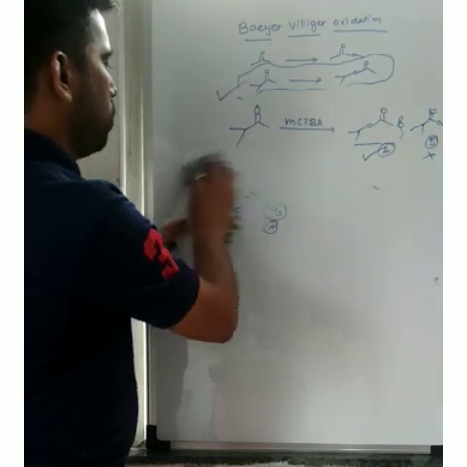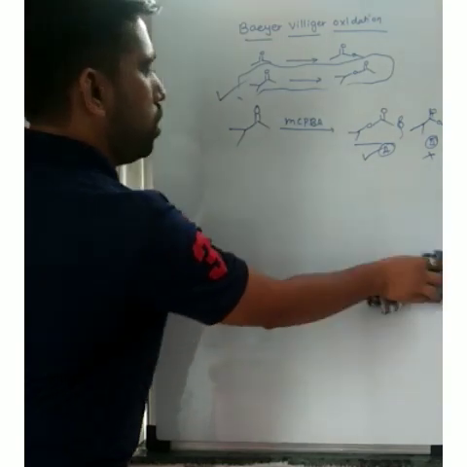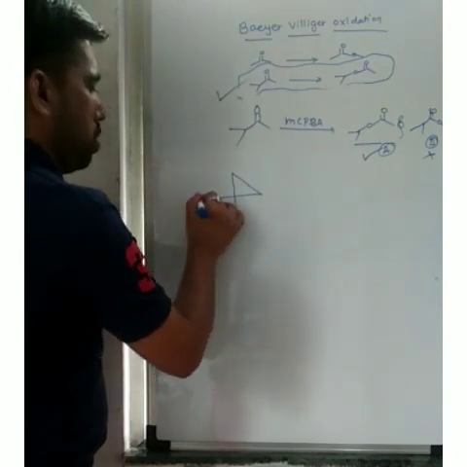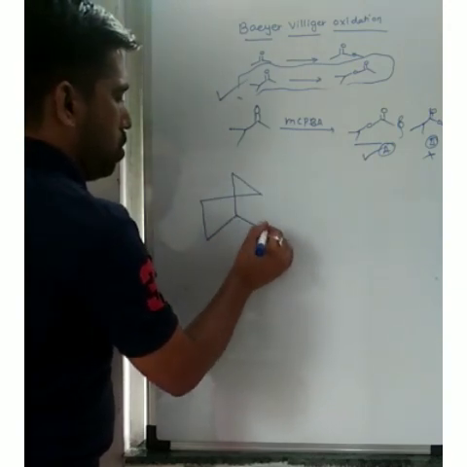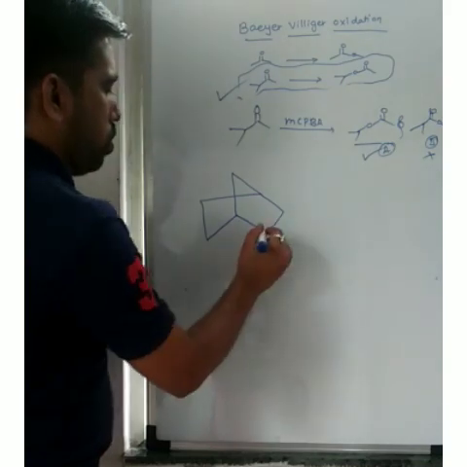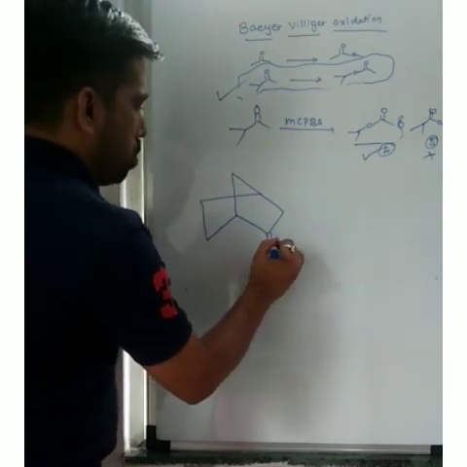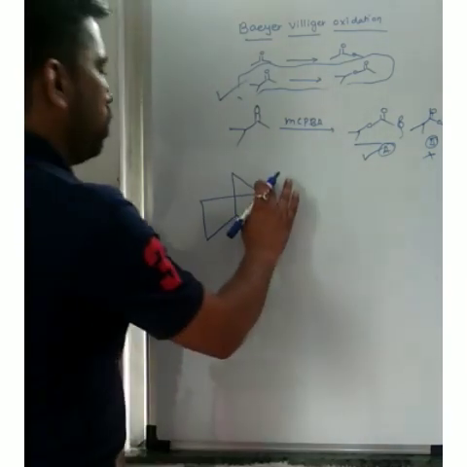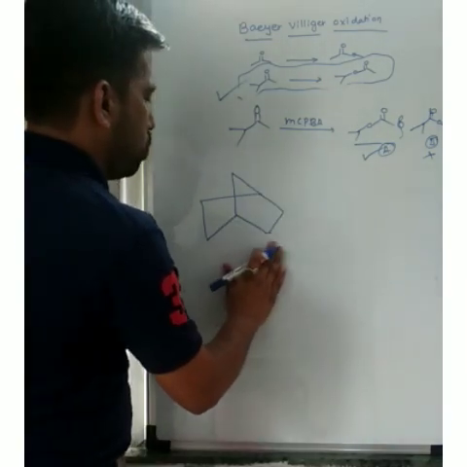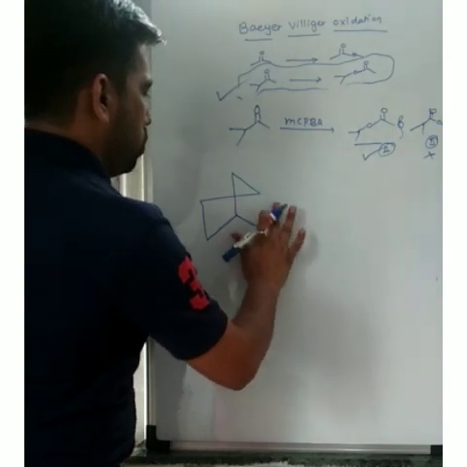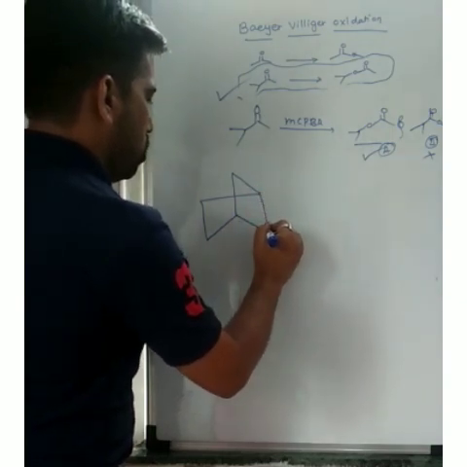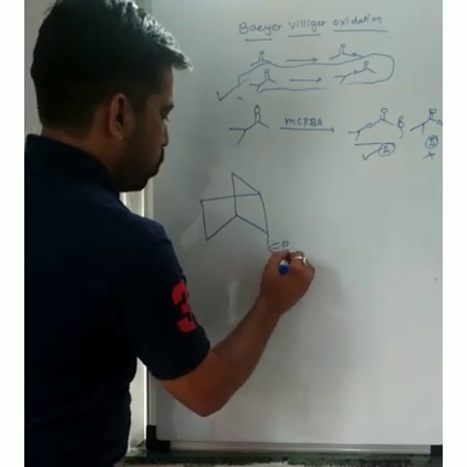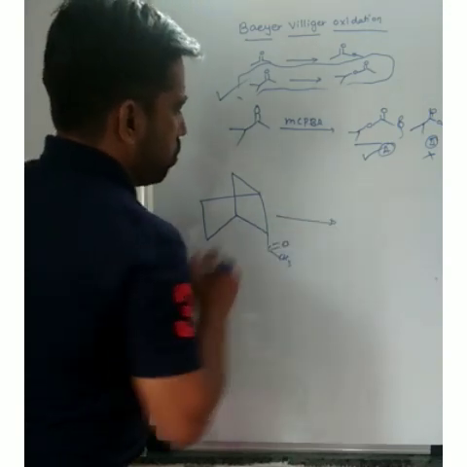bicyclic systems. In the case of bridged bicyclic systems like this, or simply we take the first example like this one, with CH3.